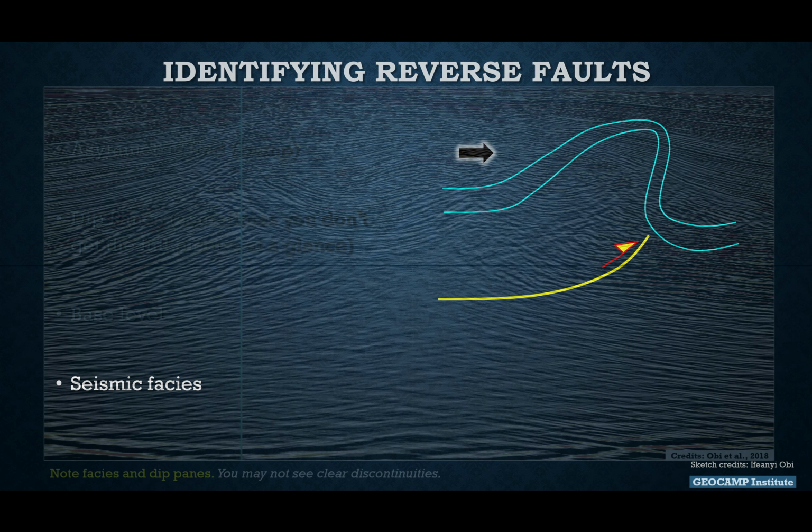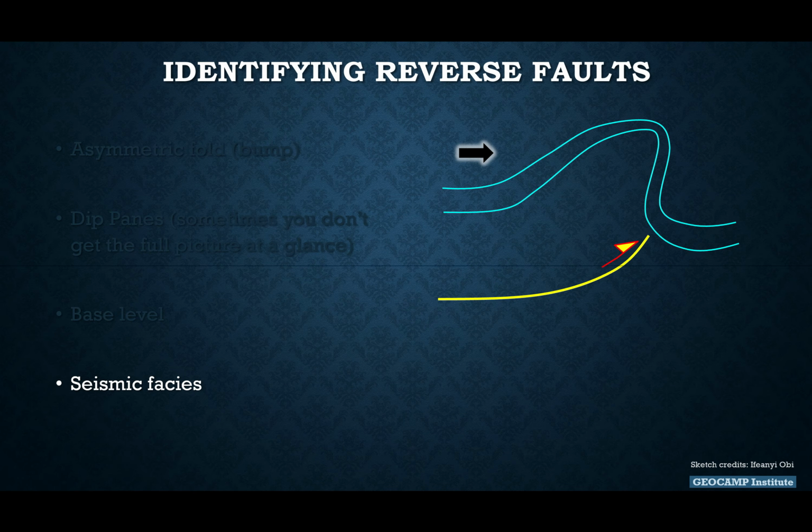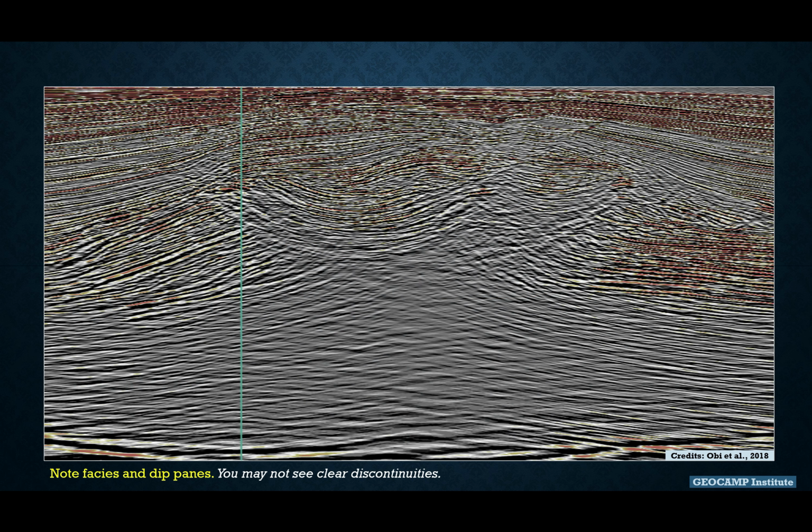Another hint that can help would be seismic facies. Sometimes it's really not easy to see the whole element, but this is where you have to look at not just seismic facies, but, like I mentioned earlier, the different dip panes and the different geometry. So I can imagine that I have one dip pane here, of course different facies, and I see that these facies are different, but at the same time I also have another dip pane here.